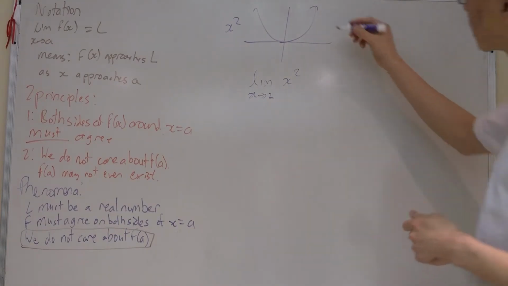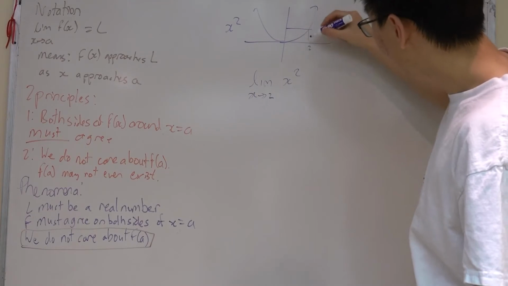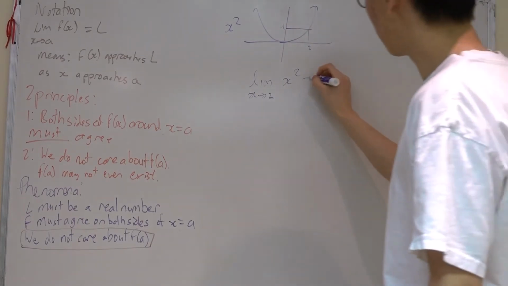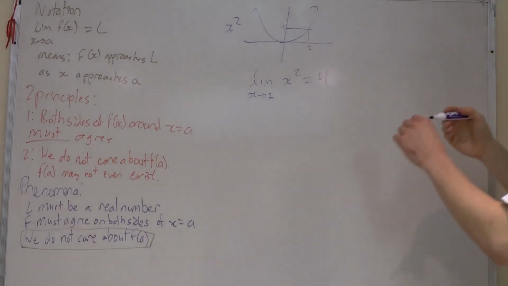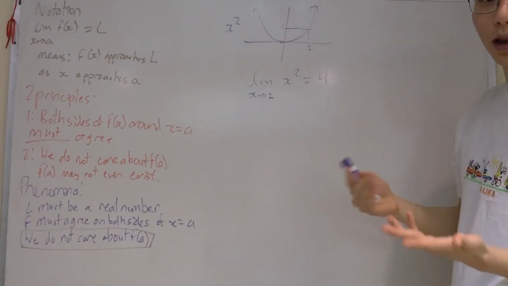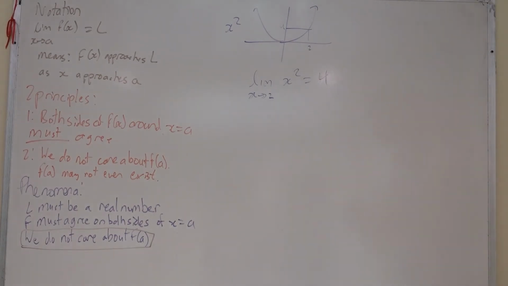Okay. So, what is this going to be? Well, 2 is like somewhere here, right? And we know that if you do 2 squared, you get 4. So just right off the bat, you should be able to say 4, right? Because you just look at the picture. Both sides agree. Nothing goes wrong. Well, you're absolutely right.